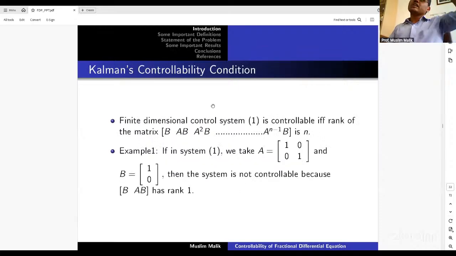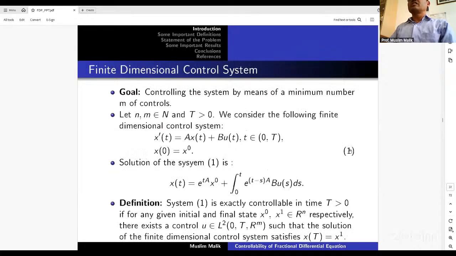Then there is the Kalman condition. It says that if this augmented matrix has rank n, where n is the number of dependent variables, then we say that system one is controllable. So for finding the controllability of system one, we do not need to find the solution of the problem.